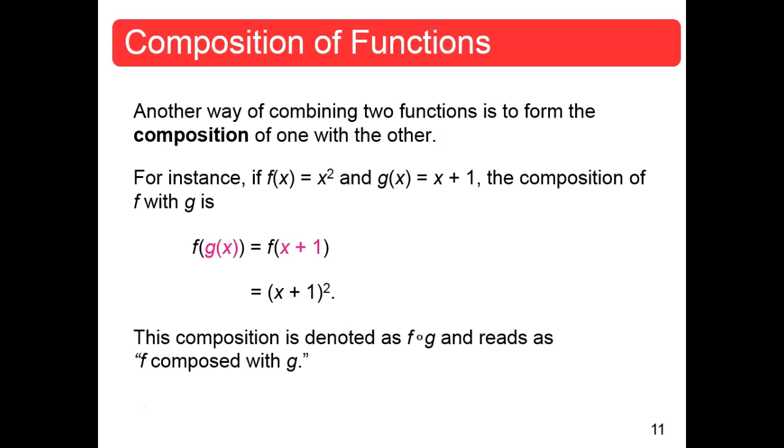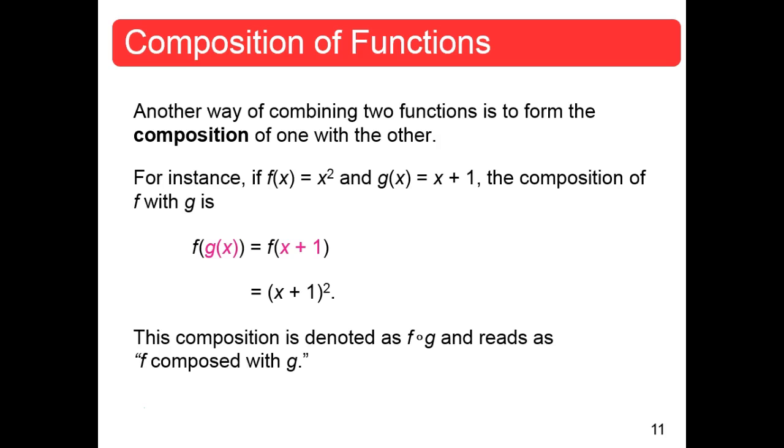Another way of combining two functions is to form a composition of one with the other. Here's the example. If f of x is x squared, perfectly good function, and g of x is x plus 1, another perfectly good function, the composition of f with g, the order matters here, is f of g of x. What do we mean by that?